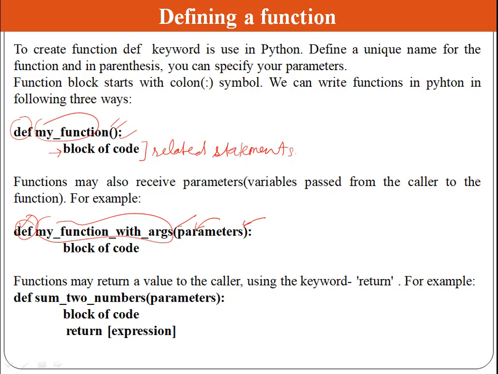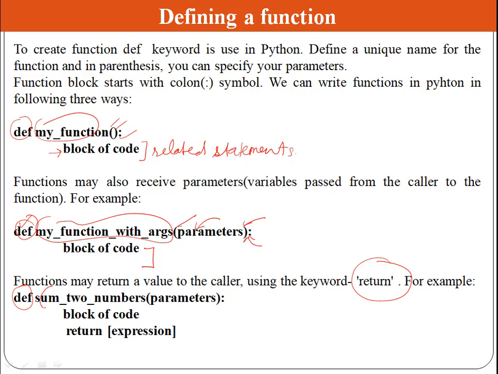Functions may return a value to the caller using the keyword return. You can use the keyword return for returning an expression or some value to the caller. Here again we see the keyword def, then the name of the function, sum two numbers, which reflects the functionality of the function.